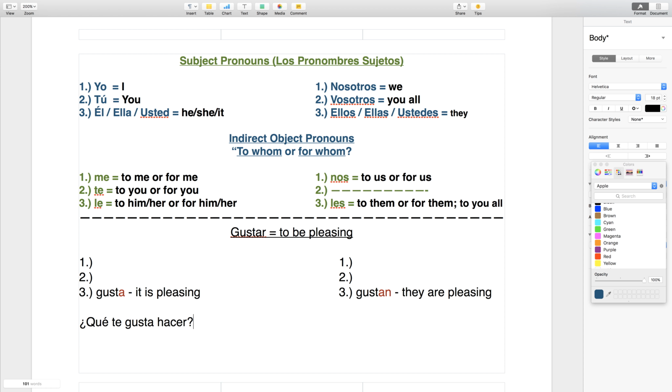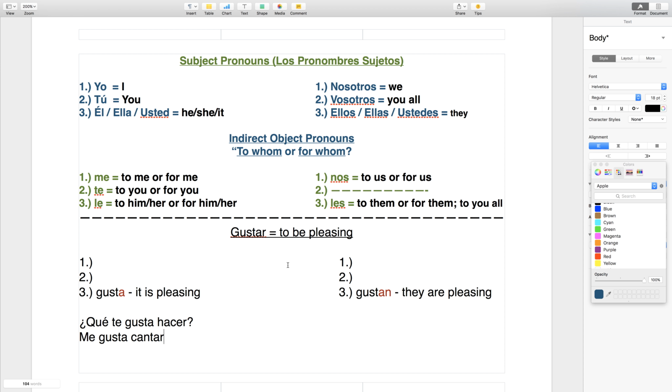¿Qué te gusta hacer? And if someone were to reply, I like to sing, they could say a mí if they wanted to, or they could just say me gusta cantar. I like to sing.